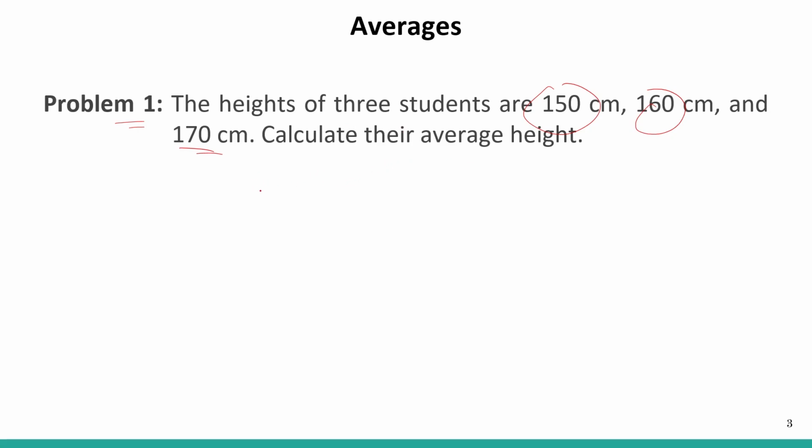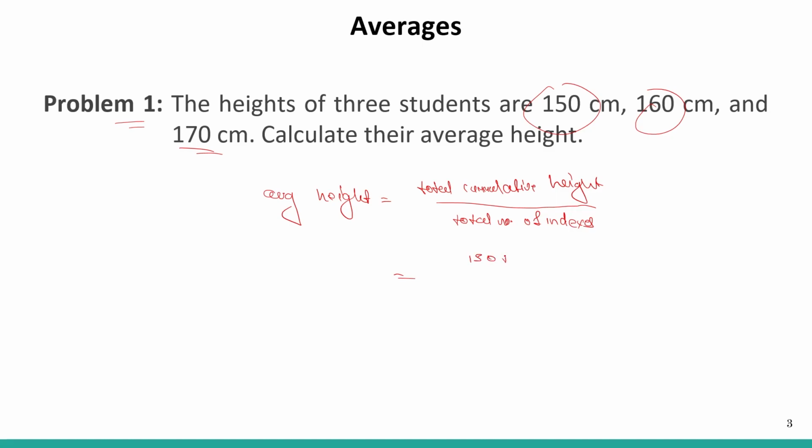We know the formula for average height: average height is equal to the total cumulative height, that is the addition of all the heights, divided by the total number of indexes. That is equal to 150 plus 160 plus 170, whole by 3.